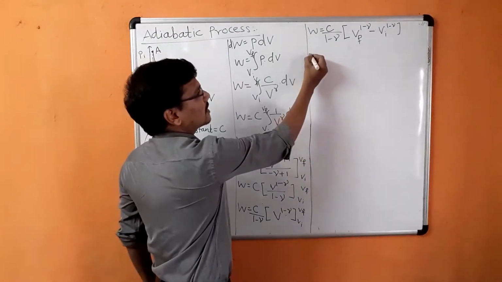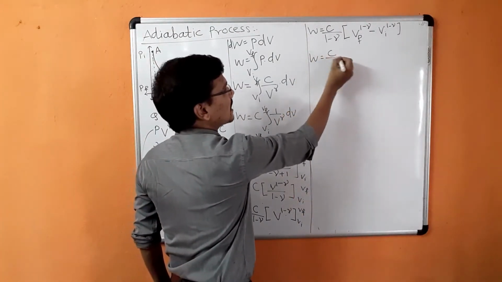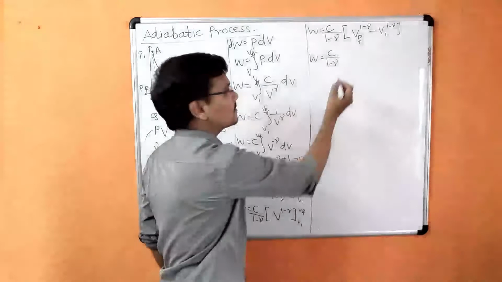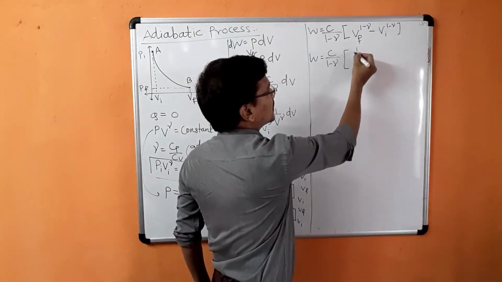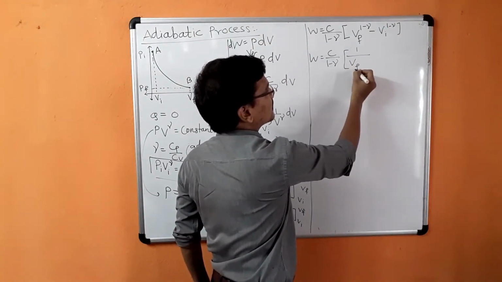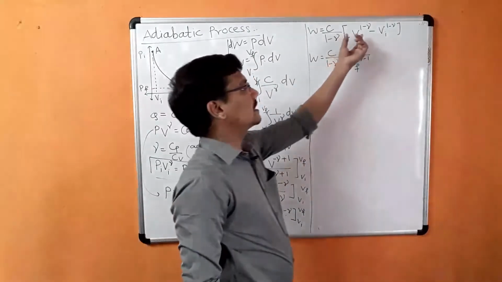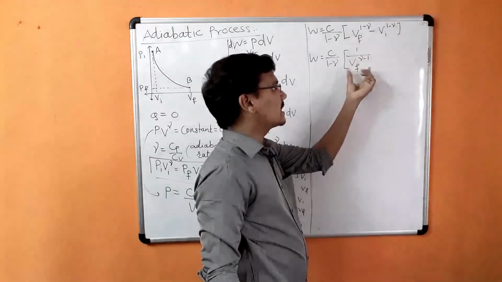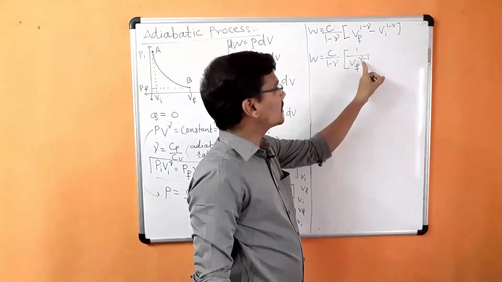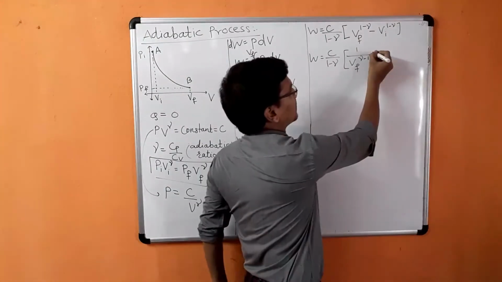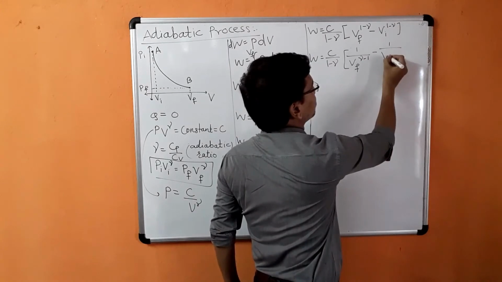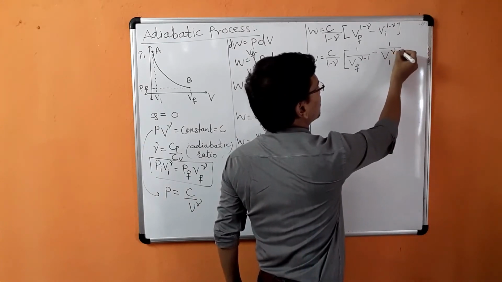Again, W equals C upon 1 minus gamma, here 1 upon Vf raised to gamma minus 1 minus 1 upon Vi raised to gamma minus 1, since the sign of the power changes when shifting from numerator to denominator.